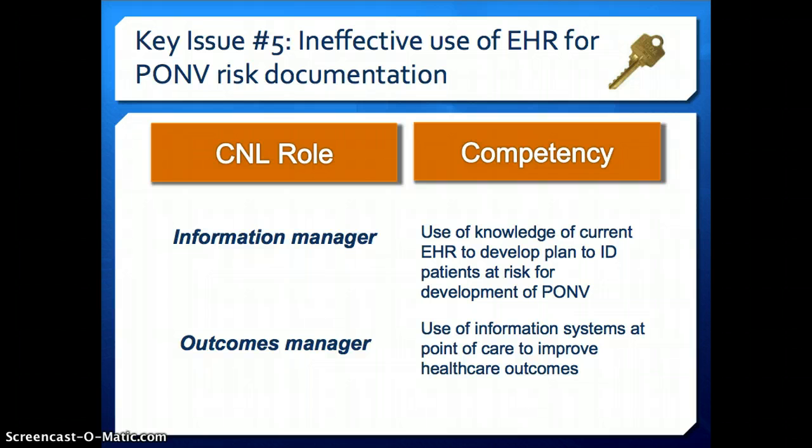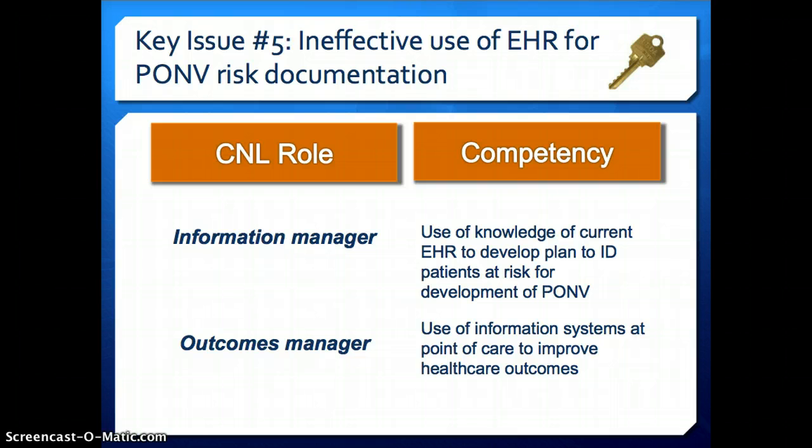Key issue number 5 was the ineffective use of the electronic health record for PONV risk documentation. Functioning as an information manager, the CNL uses knowledge of the current EHR to develop a plan to identify patients at risk for the development of postoperative nausea and vomiting, and as an outcomes manager to use the electronic health record information systems at the point of care to improve healthcare outcomes.